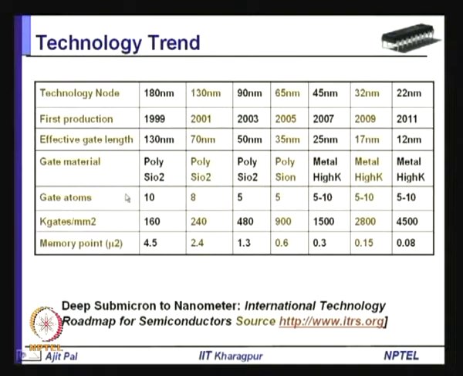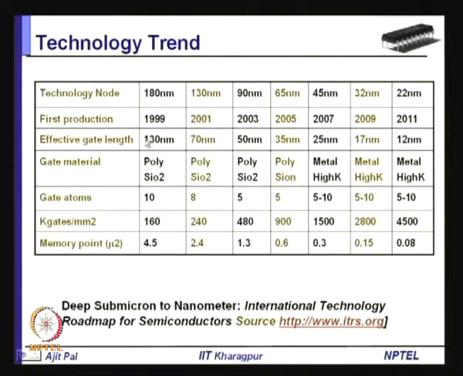And these are the other parameters, like the number of gates, kilogates per millimeter square. It will keep on increasing: 160, then 240, then 480 and 900 to 1500, then 2800 and 4500 per millimeter square. This is another parameter, memory point.